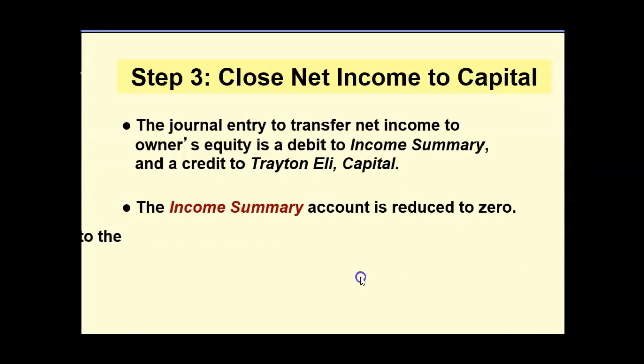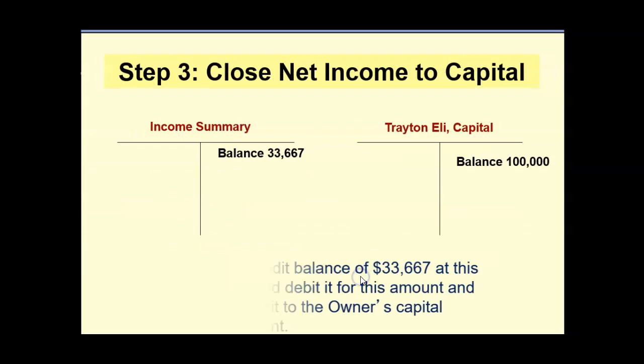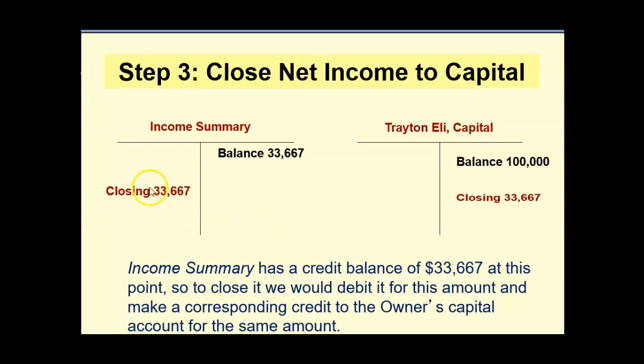So now what we're going to do, we are going to debit the income summary account $33,667, to now give that account a zero balance. It's closed out to the owner's capital account, so we credit capital for $33,667. And it makes sense, because how does net income impact your capital balance?